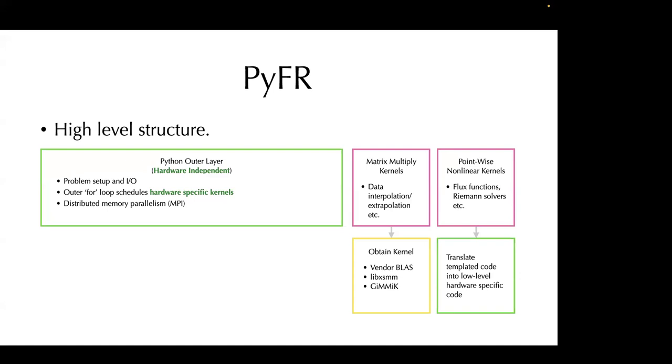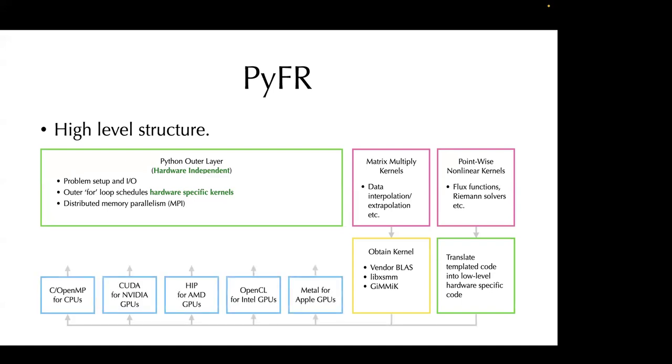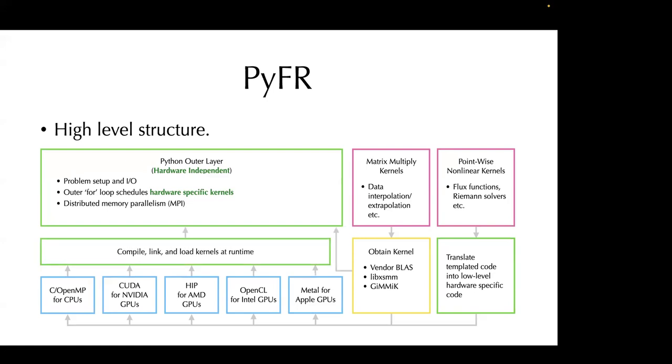And then for the pointwise nonlinear kernels, what we do is we have our own domain-specific language that we use to express the kernels in. And then at runtime, these kernels are translated into either C code, CUDA code, HIP code, OpenCL code, or Metal code. That code is then compiled, linked, and loaded at runtime.